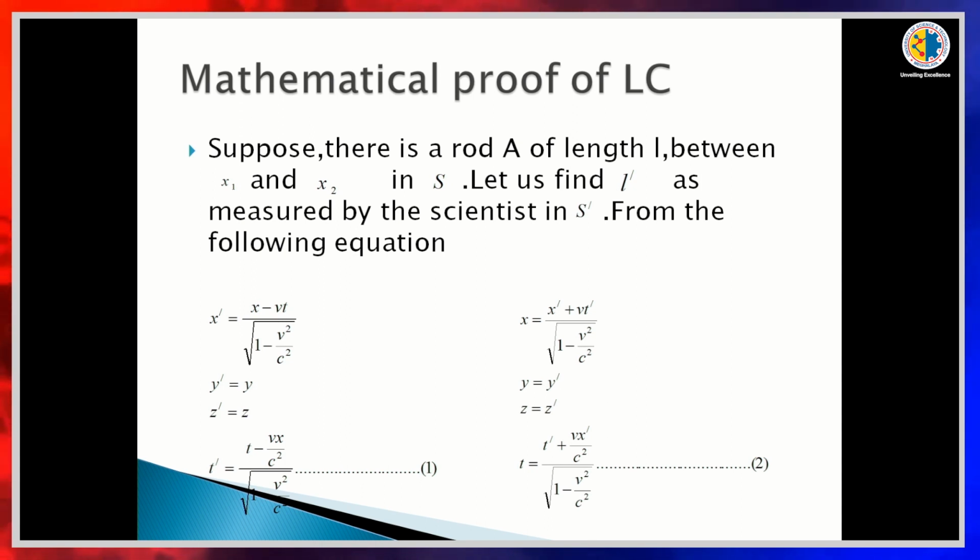It is equation number 2. Now, equations 1 and 2 are known as the Lorentz transformation, and we are going to apply these equations for finding the length with respect to the S' frame.